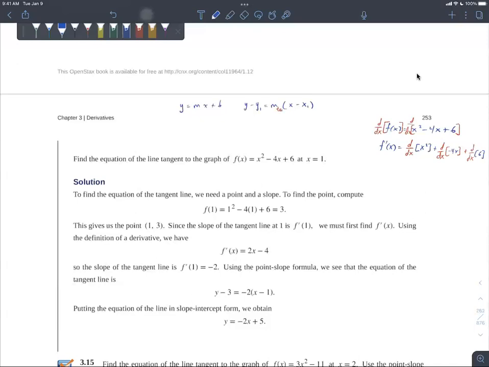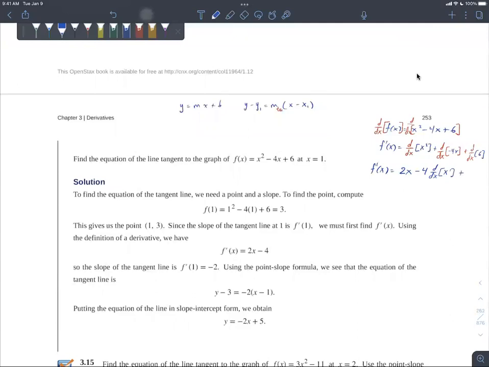Okay, so let's take a look here. f prime of x is going to be equal to the derivative of x squared, which is 2x. For the second term, we technically need one more step. We can apply the constant multiple rule to take out that negative 4, and then we will apply the derivative to just x to the first power.